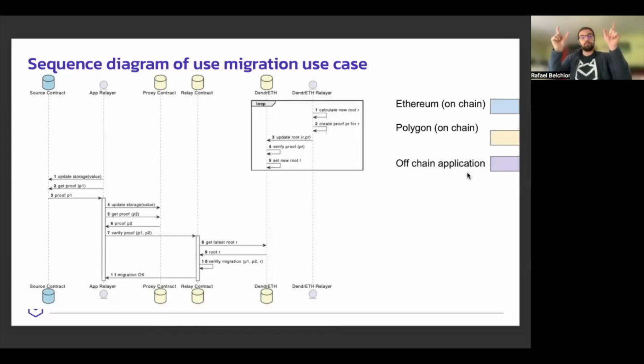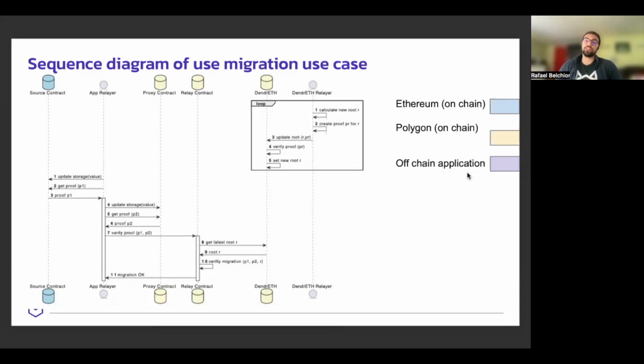So the updates on both chains and both smart contracts are done without verification yet, but they're done in sequence. We first update one contract and then we update the other contract. The verification part happens afterwards, where we submit two Merkle proofs against this relay contract that will verify both proofs and use the verified state root in steps 8, 9, and 10.